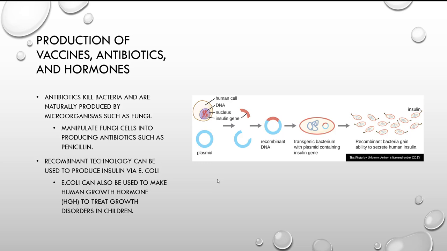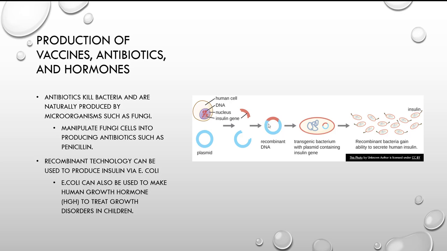And then finally, hormones. We've already talked about how we can trick bacterial cells into producing human insulin, so this is just a review of that. We can take a bacterial plasmid and isolate the human insulin gene, and using restriction enzymes we can cut the plasmid, creating those sticky ends, and the same restriction enzyme can cut the human insulin gene.